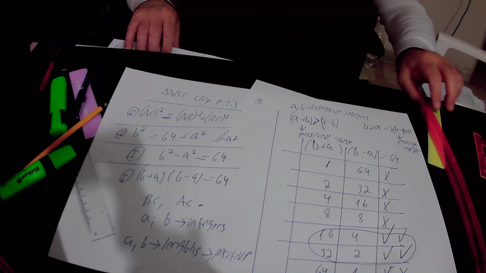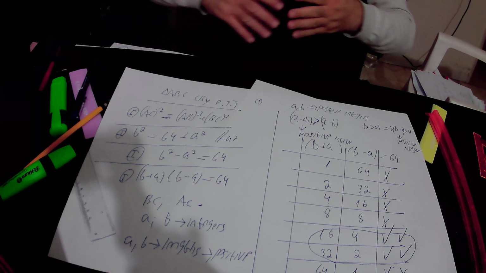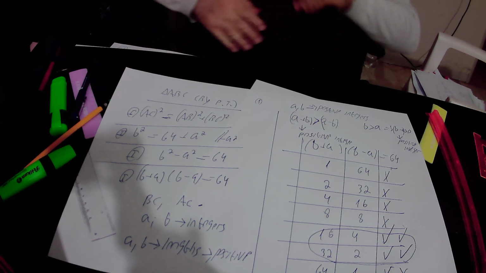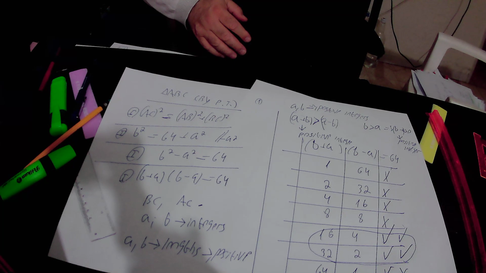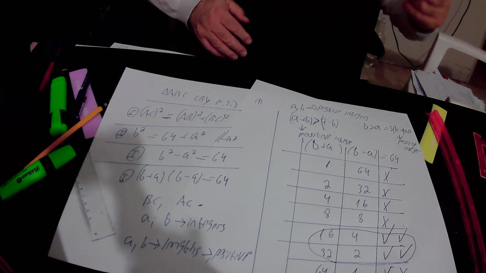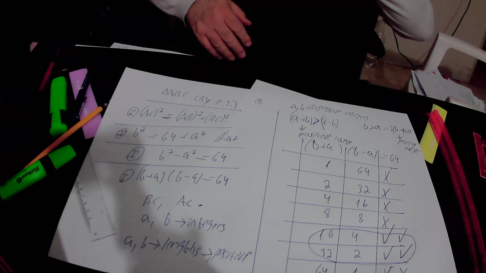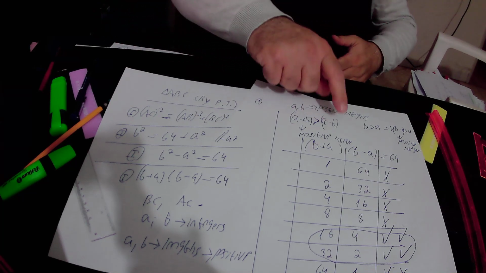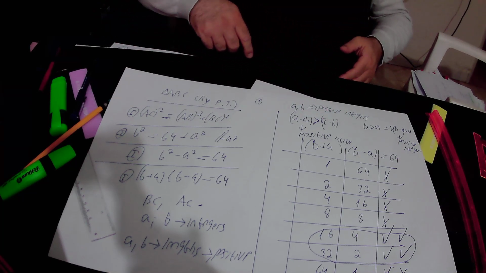But because A and B are positive integers, it means that B plus A must be greater than B minus A. Again, B plus A must be greater than B minus A.